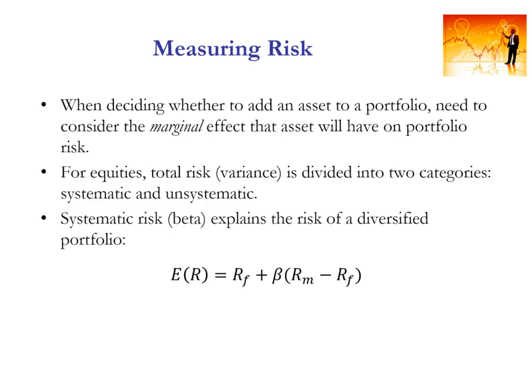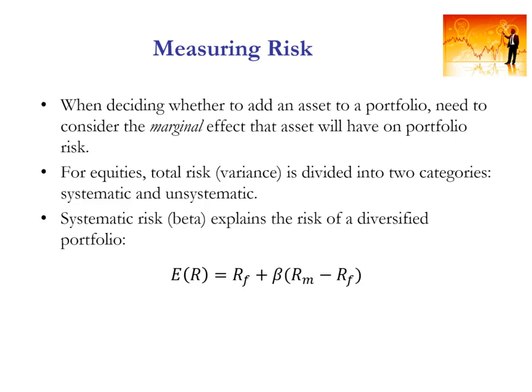So, in terms of our mean variance utility, we're thinking about risk as being measured by variance. But the question is, what if we're thinking about looking at the risk of some asset that we're going to go about adding to an existing portfolio?